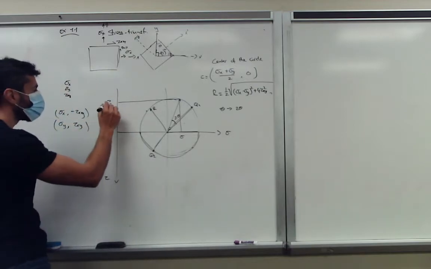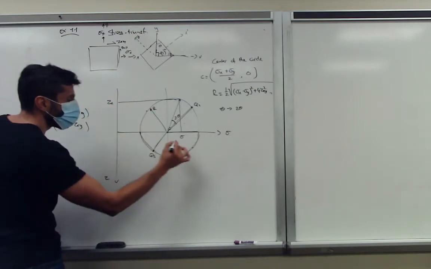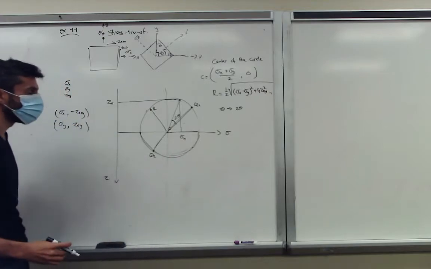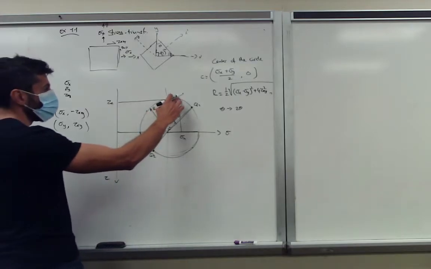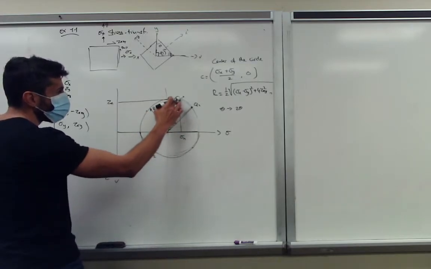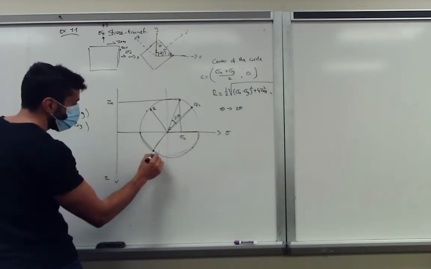In this case, it gives us sigma n and tau n. And then the 180 degrees from this one gives our sigma y.